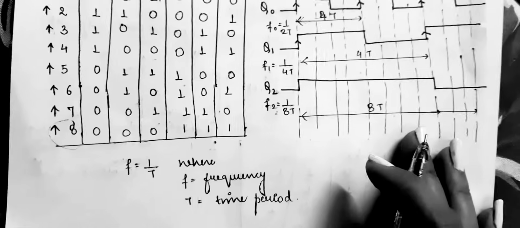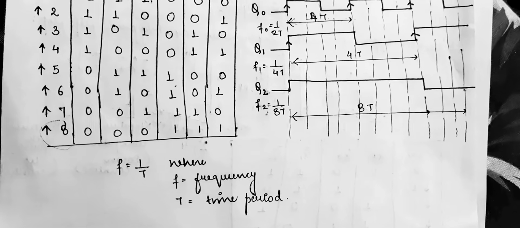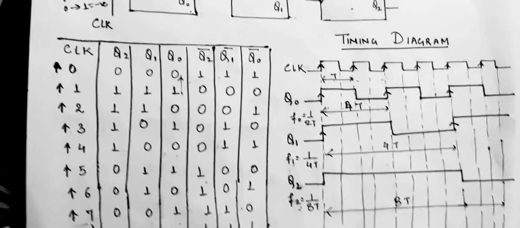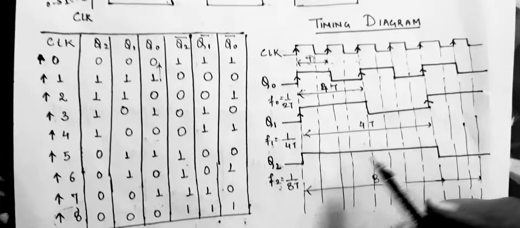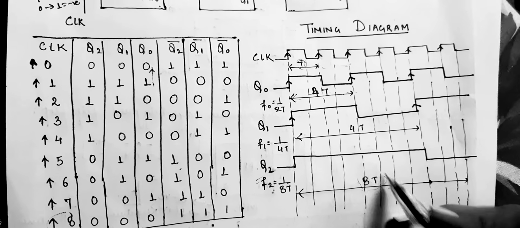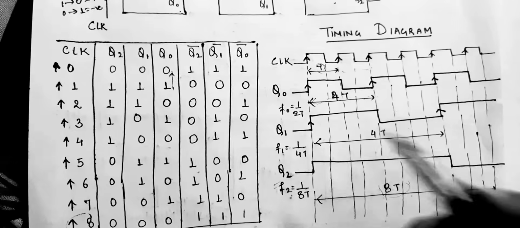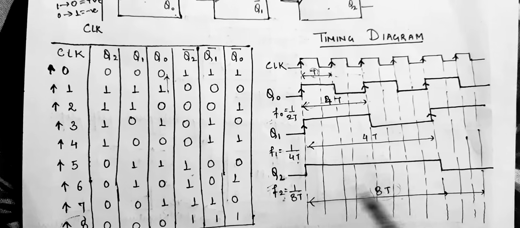As we know the relation F equals 1 upon T, where F is your frequency and T is your time period, as we are applying time period T, at Q2 we get a frequency of 1 upon 8T. Clear? So your frequency at Q0 will be 1 upon 2T, then 1 upon 4T, and 1 upon 8T.